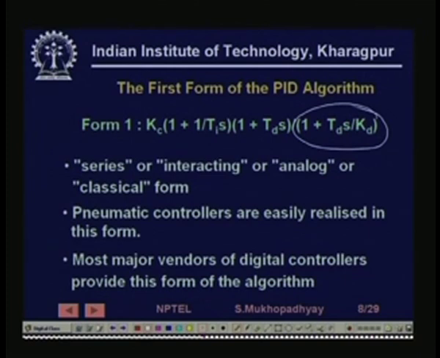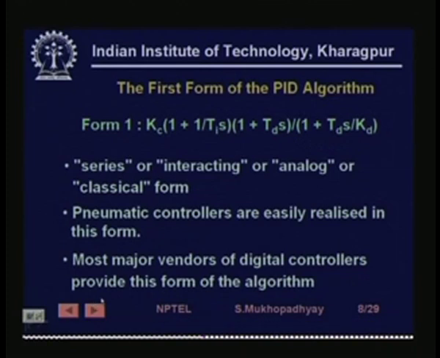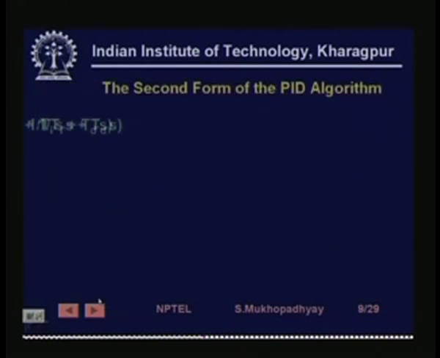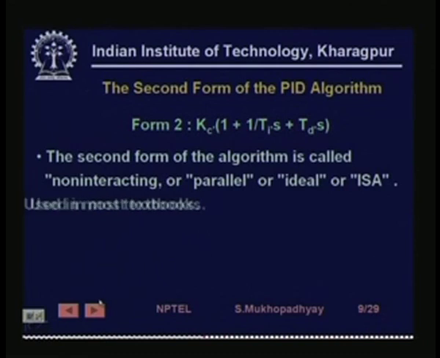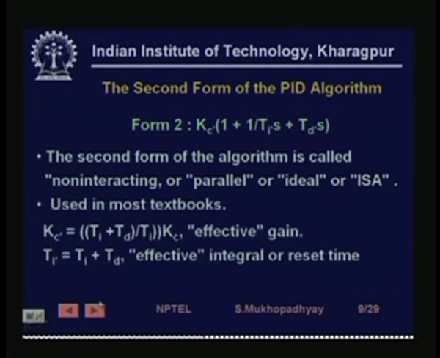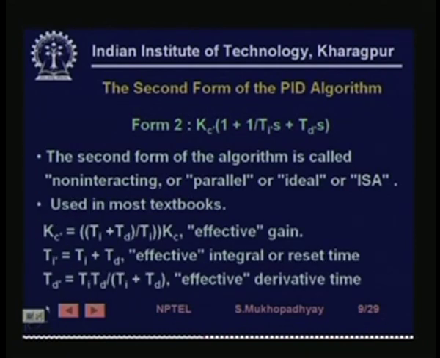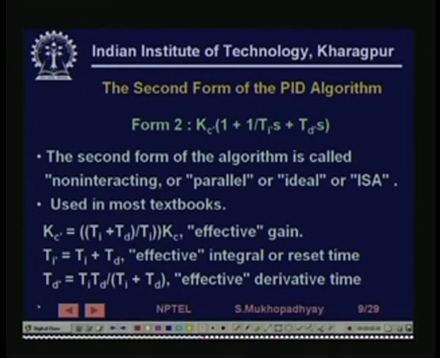So, you match the gains with the second form. It turns out that you get such formulae that Kc dash turns out to be equal to this, Ti dash turns out to be equal to this, and Td dash turns out to be equal to this.